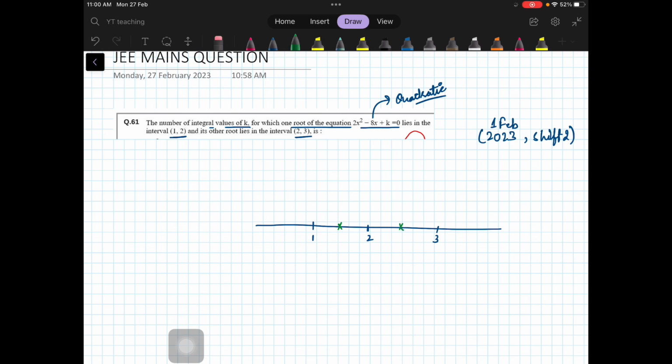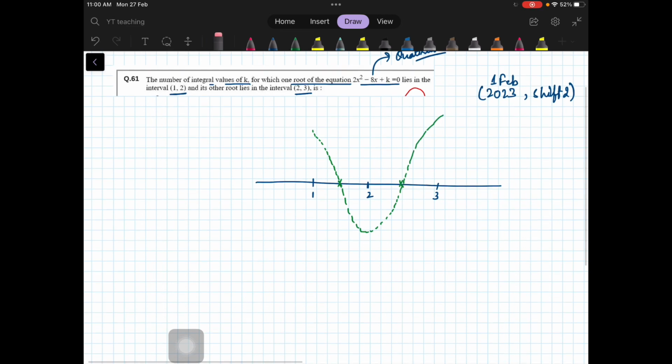So what are the possibilities? The graph looks like this. This is the only way you can have two roots, and because this is a quadratic equation, it will be like this only.